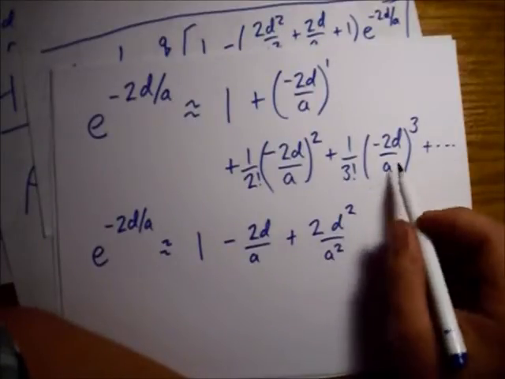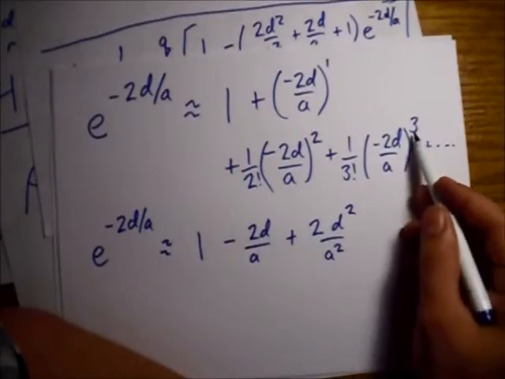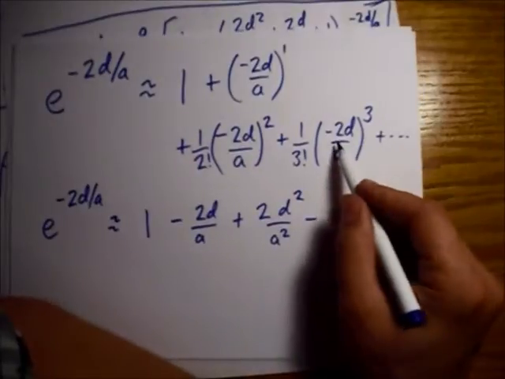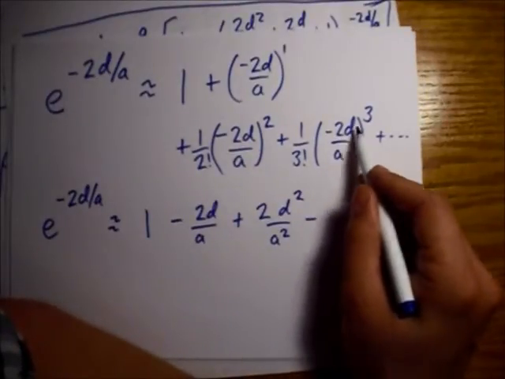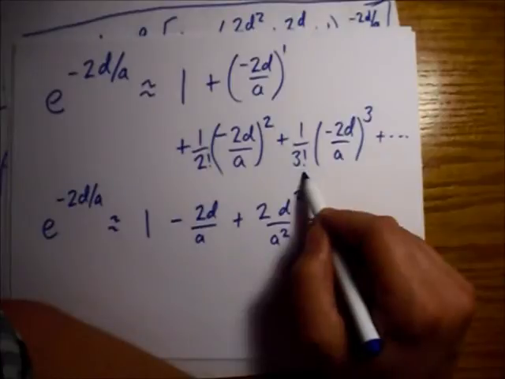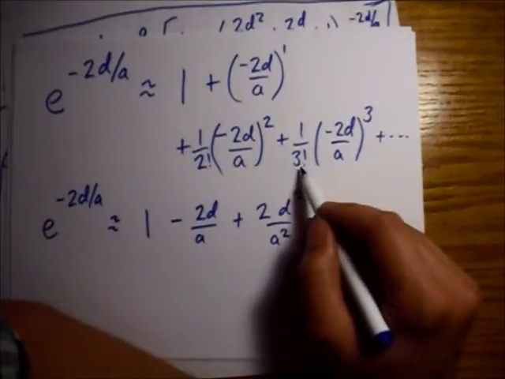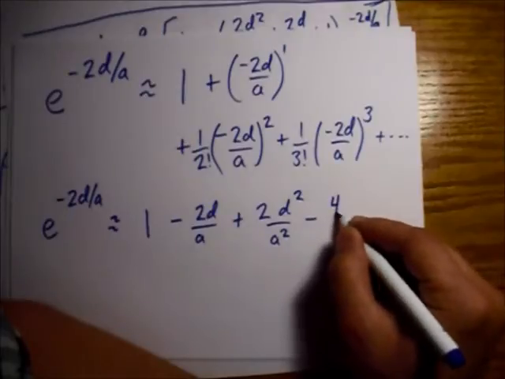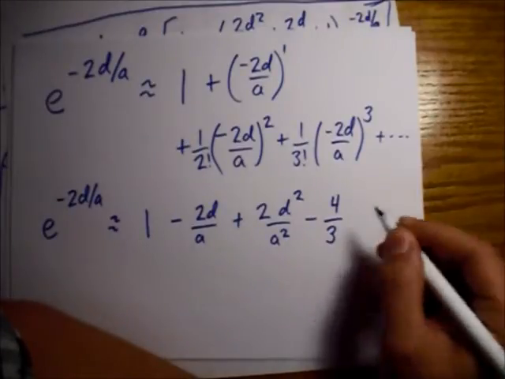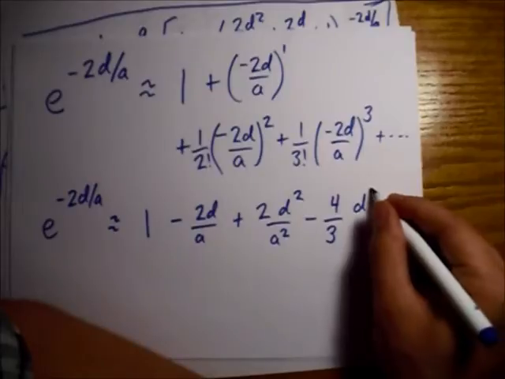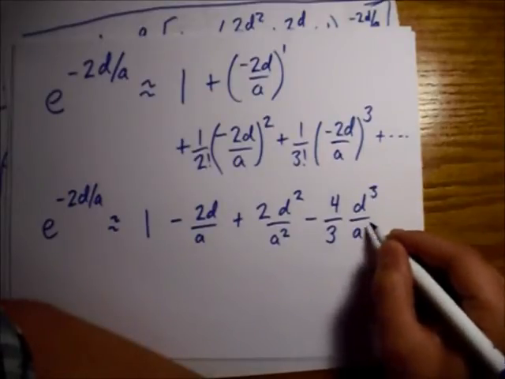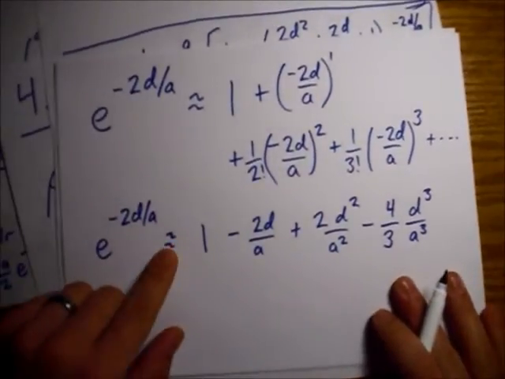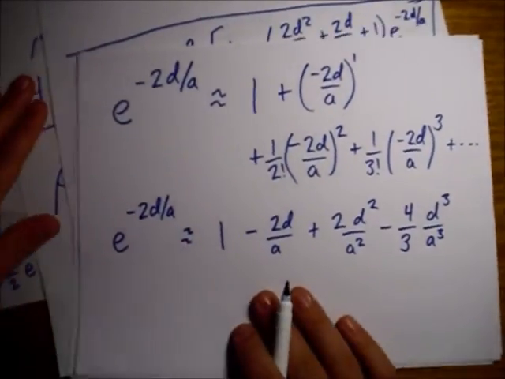And then this time we'll have a minus sign because it's a minus to an odd power. So 2 cubed is 8, and 3 factorial, 3 times 2 times 1, is 6. So we have an 8 divided by a 6, or in other words, a 4 divided by a 3. And then, of course, d cubed and an a cubed. These are the only terms we're taking, so here's our approximate sign.